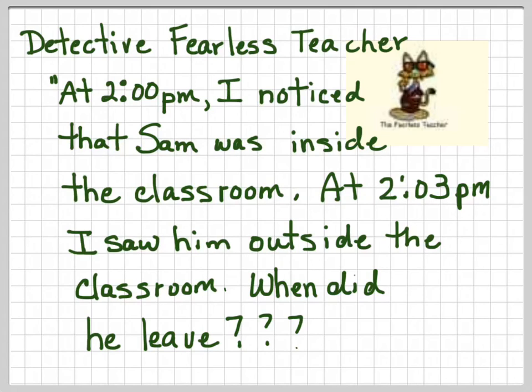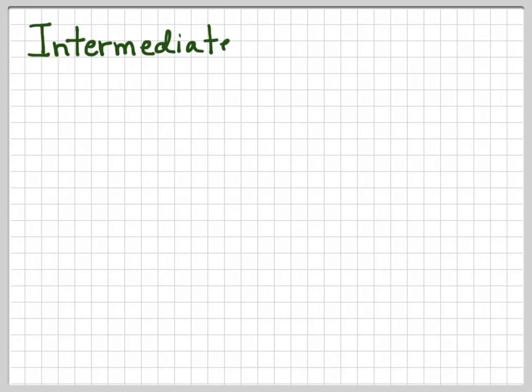Well, we don't know exactly when he left, but we knew that if he was inside at 2 and outside at 2:03, sometime between 2 and 2:03, he had to cross through the door. And this leads us to the Intermediate Value Theorem.